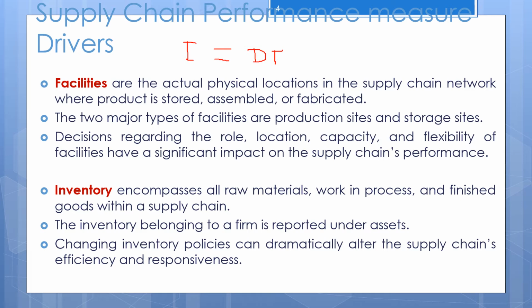Company managers face a key decision when determining how much safety inventory to hold. For example, a toy retailer such as Toys R Us must calculate its safety inventory for the holiday buying season. If it has too much safety inventory, toys go unsold and may have to be discounted after the holidays.